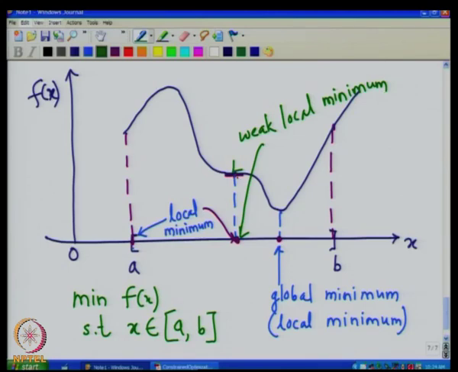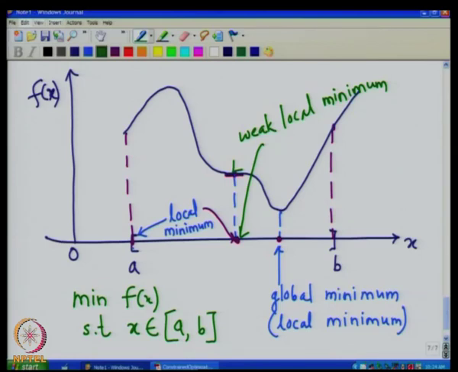So, where the function value does not increase or decrease, but remains constant in the epsilon neighborhood.